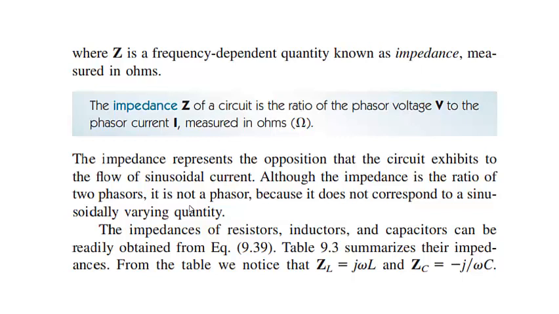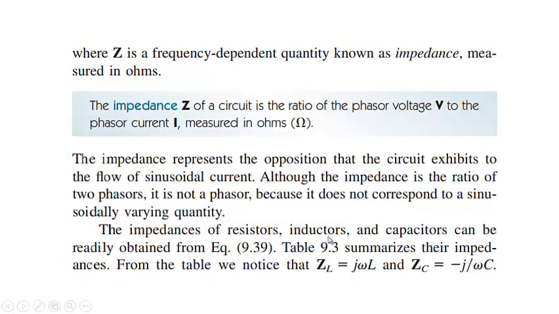There are two things which we have just discussed: the impedance exhibits the opposition to the flow of sinusoidal current, and since it's the ratio of the time varying quantities, that is voltage and current, it itself is not a sinusoidally varying quantity. It's a constant quantity only depending upon the frequency, so we can see that it is not a phasor.